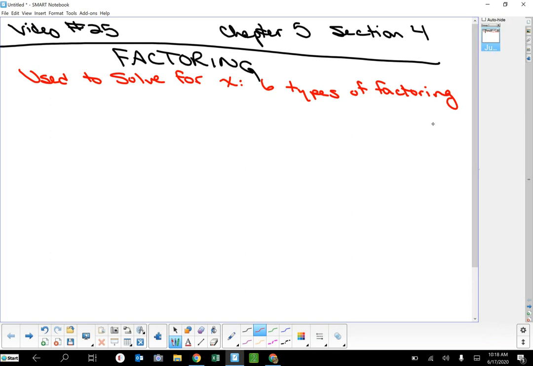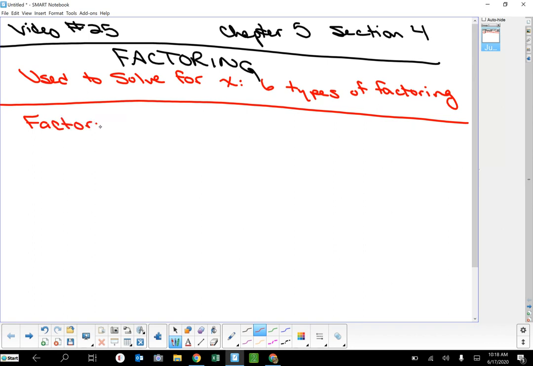And this one is the first one, and it is the most common one, and it's called factoring out a GCF, which stands for greatest common factor.